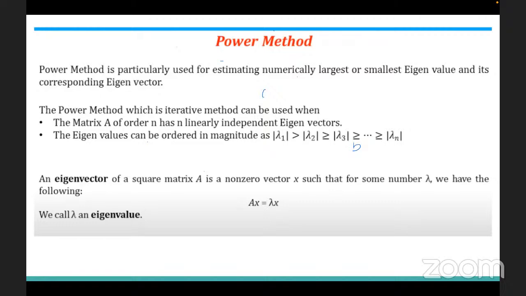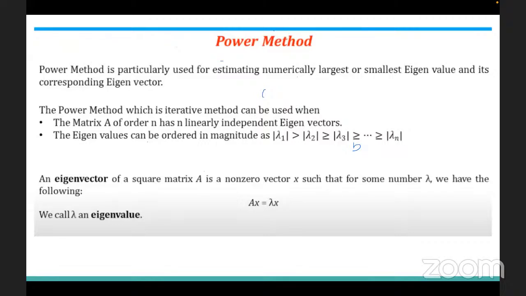All right. So now that's a problem because for an n by n matrix, we are going to have n eigenvalues. That's why you call it the eigen problem, right? So the power method is used for estimating numerically the largest or smallest eigenvalue and its corresponding eigenvector, right? Because we need to also know the eigenvector.